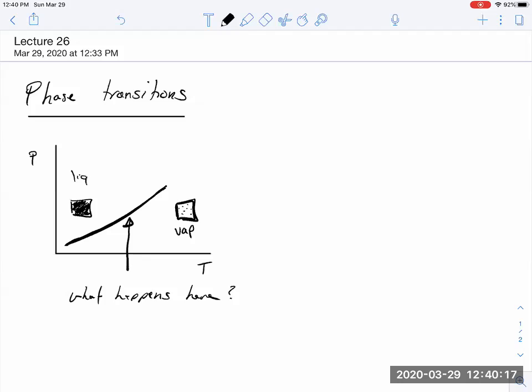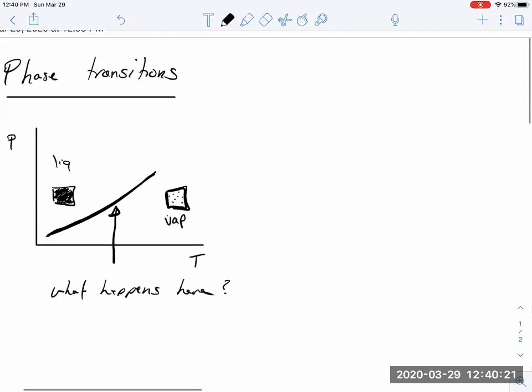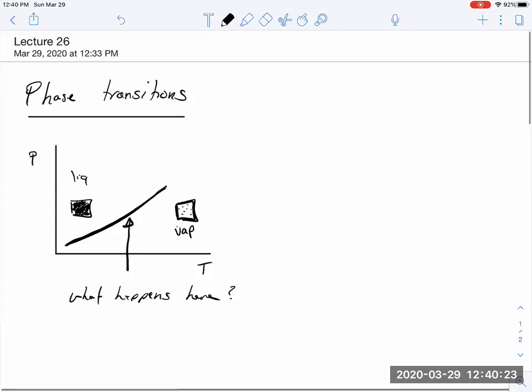If I start in the vapor state and bring myself to that coexistence line, then exactly on that phase boundary, what I'm going to see is the vapor. That's because, as we discussed, there's a huge barrier to going from the liquid to the vapor, or vice versa.